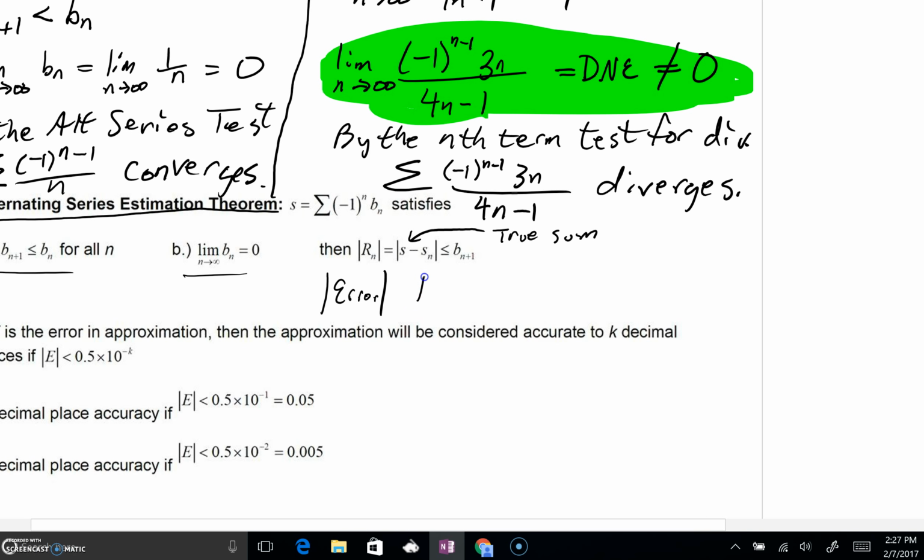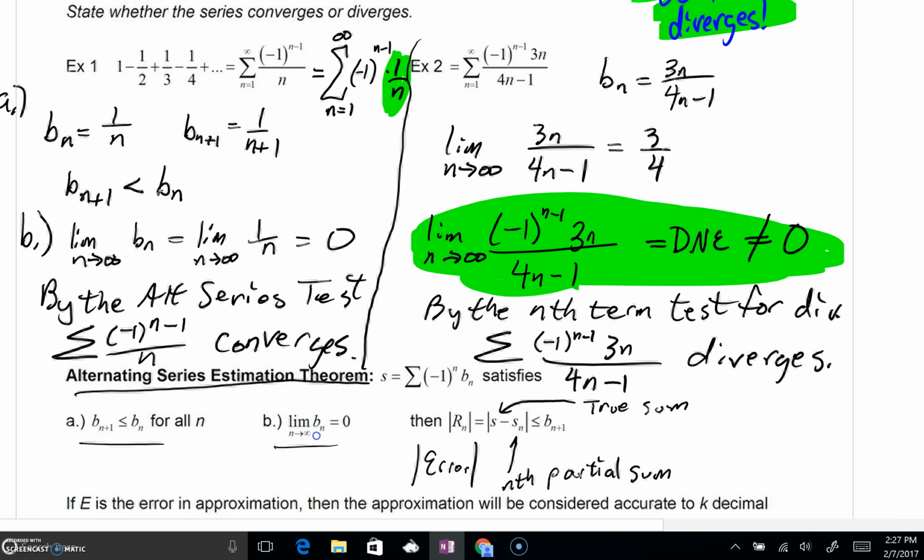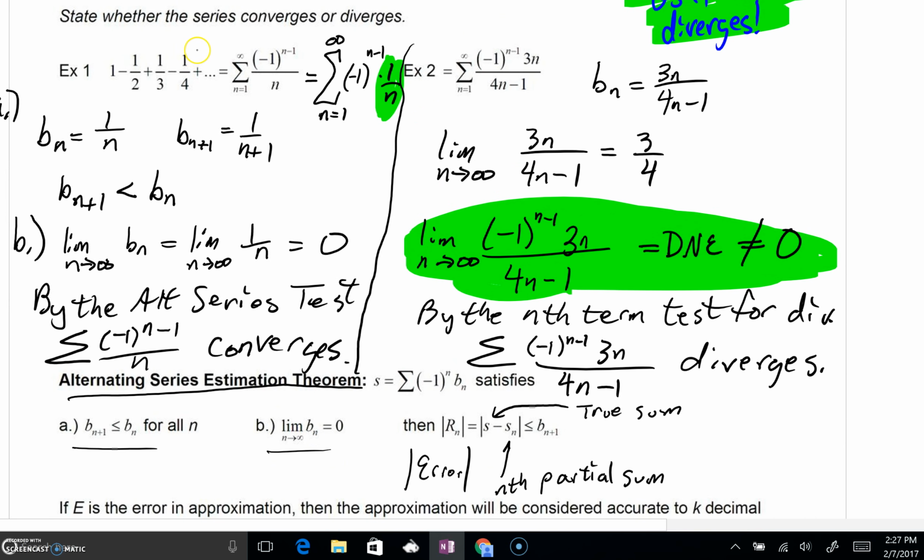S sub n is the nth partial sum. So I guess what I'm trying to show you over here is, let's just say we went back to example 1 and someone said, hey, add up the first 5 terms. By the way, the next term here would be plus 1/5, right?